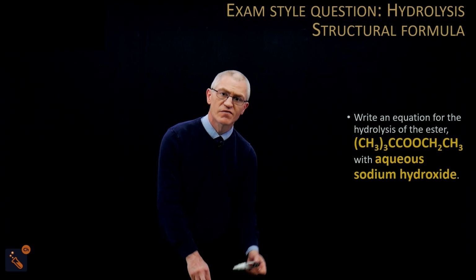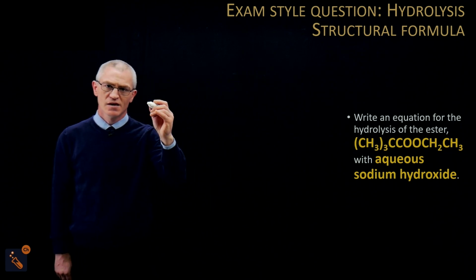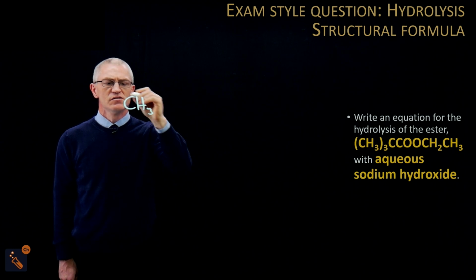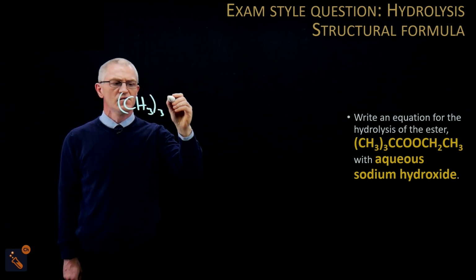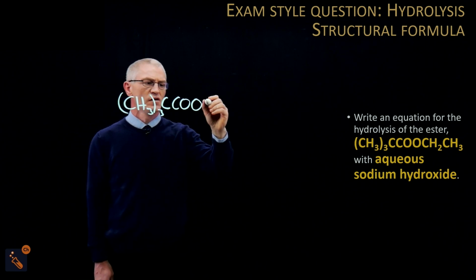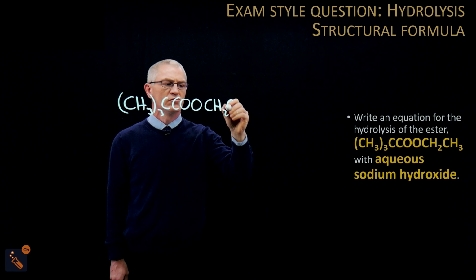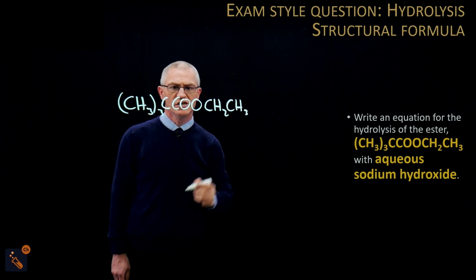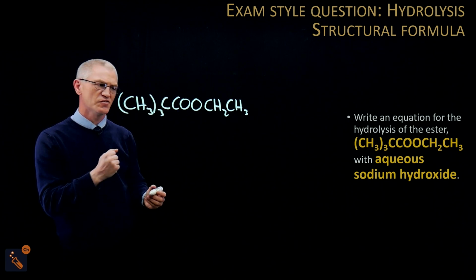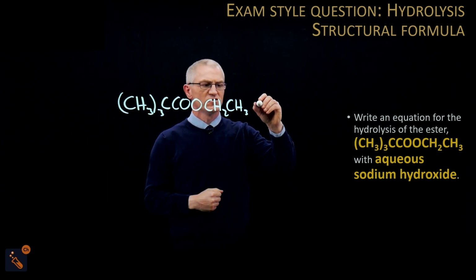So if I start writing this out, we have our CH3, C, and then COO, and then CH2, CH3. So there's our formula, and we're adding to it sodium hydroxide.